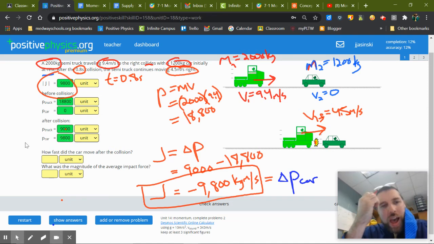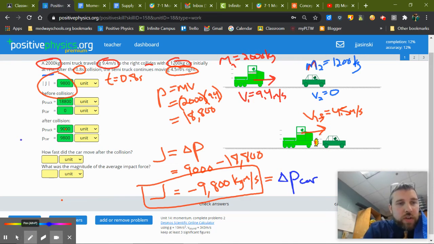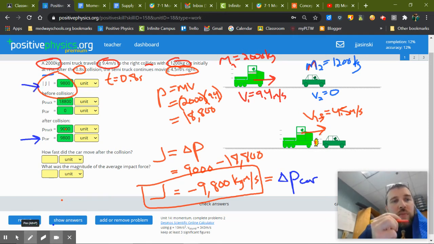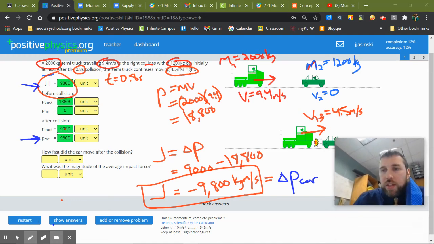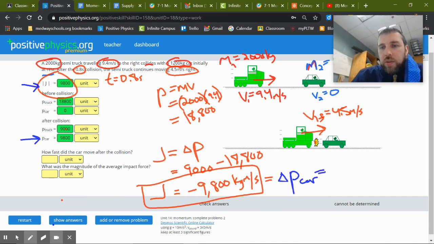How fast did the car move after the collision? Well, its momentum now, which we just figured out, is 9,800, because that was the impulse and the change in momentum, and that's the same for both objects. That momentum is equal to mv. This is v2 final. So the momentum of the car, 9,800, equals a mass of 1,200 times V2 final.